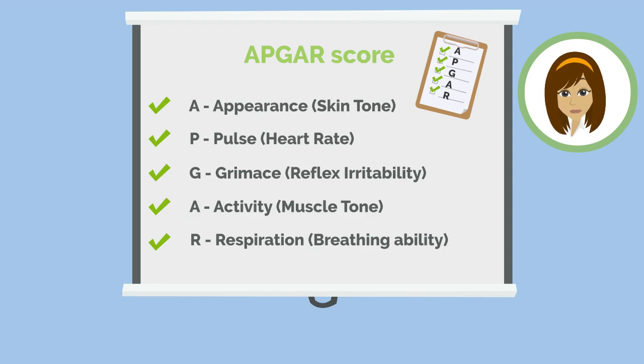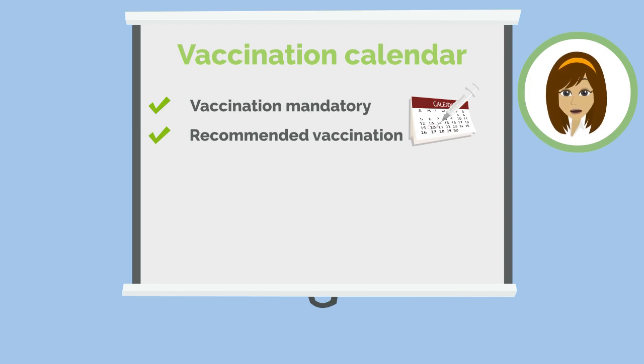The APGAR score provides a reliable image of the newborn's overall state of health shortly after birth and must be noted in the child's history. The vaccination history of the child should include information about mandatory or recommended vaccinations according to the vaccination calendar.